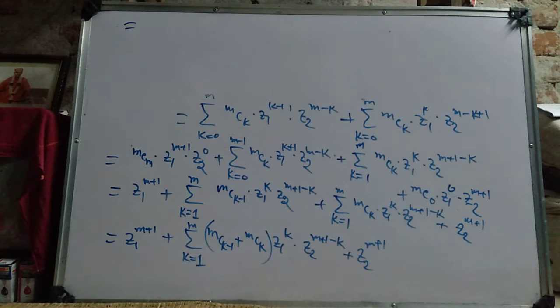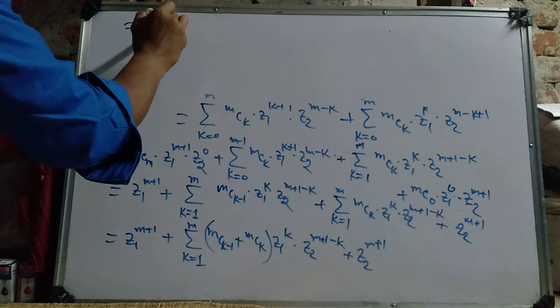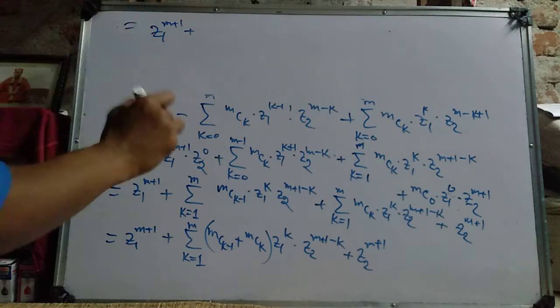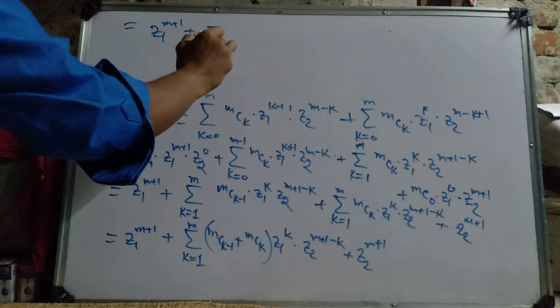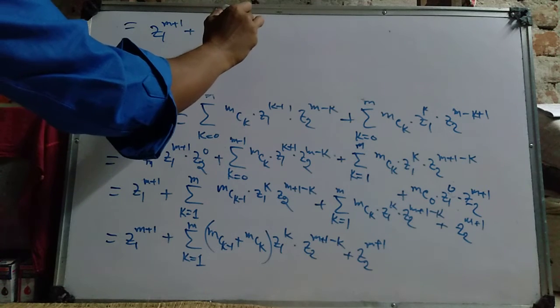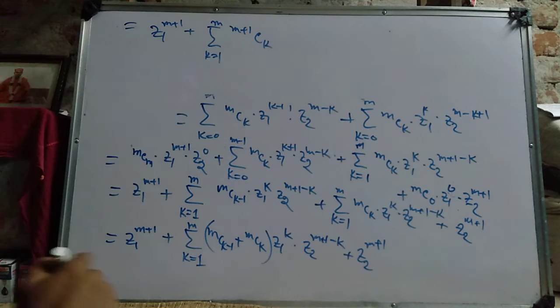So here z1 to the power m plus 1 plus, using this identity, k equal to 1 to m plus 1 Ck, mC(k minus 1) plus mCk equals m plus 1 Ck.